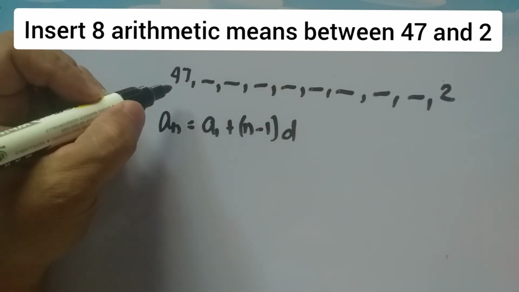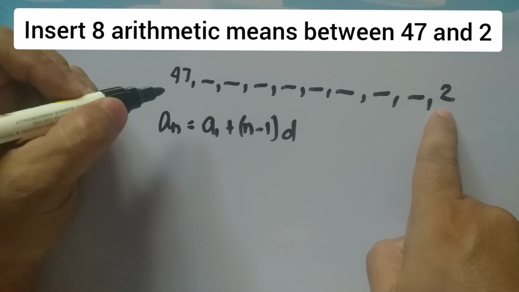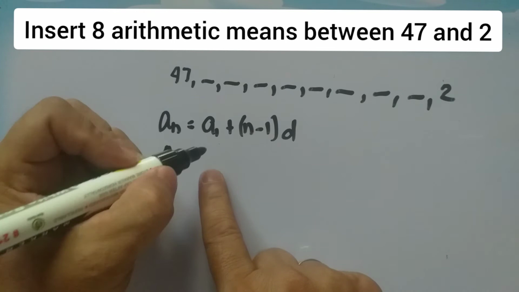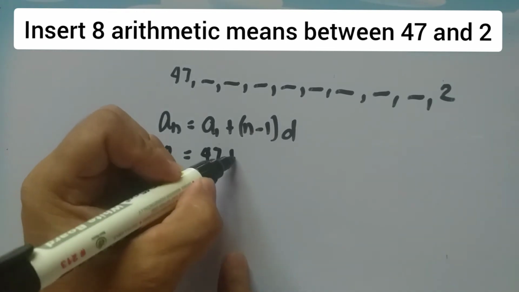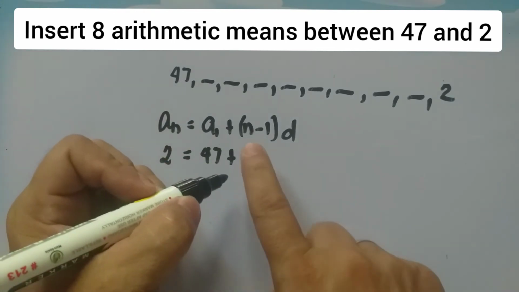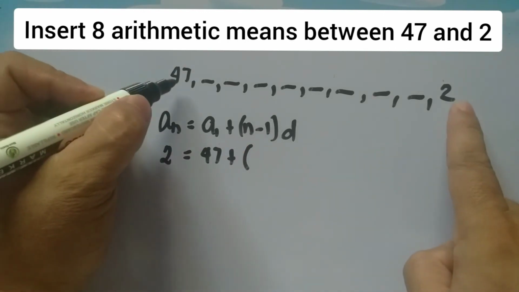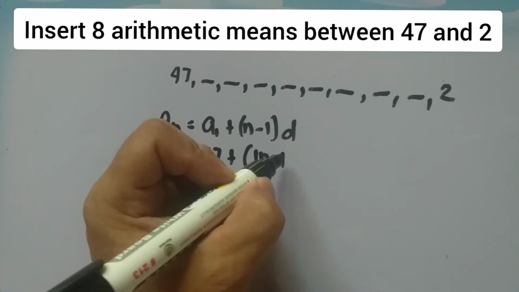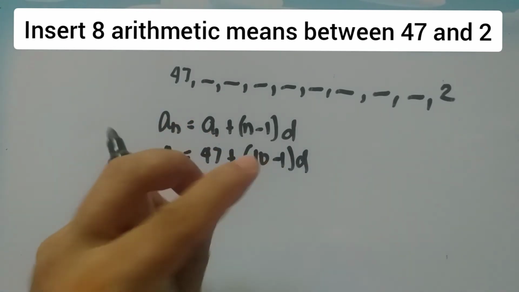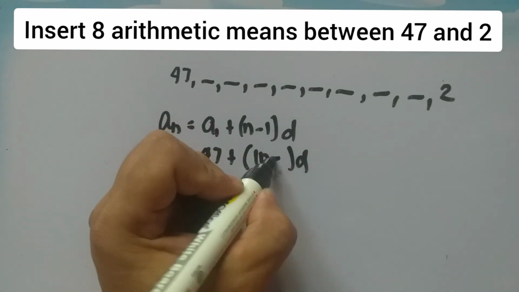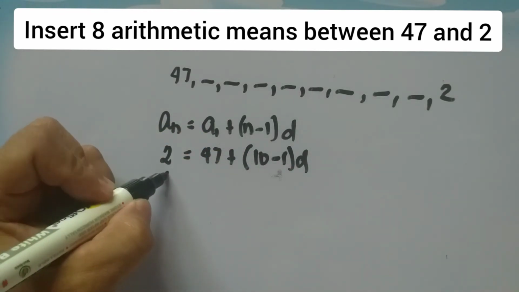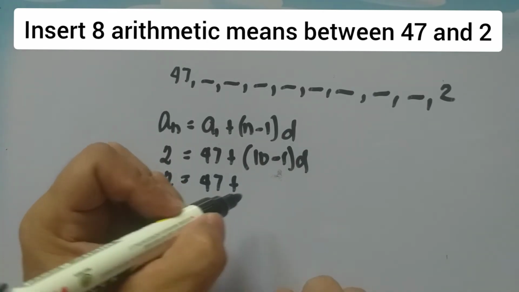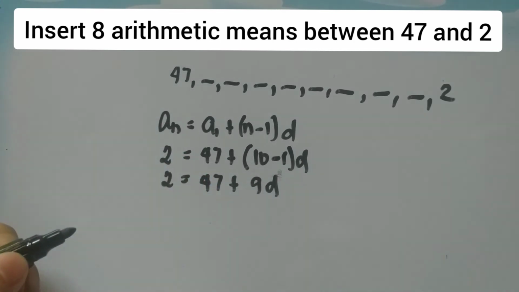So our a sub n, or the last term, is 2. Then our first term is 47 plus our n is how many? So 2 plus 8 arithmetic means we have 10. So 10 minus 1 times d. Okay. So 2 is equal to 47 plus 10 minus 1 is 9d.